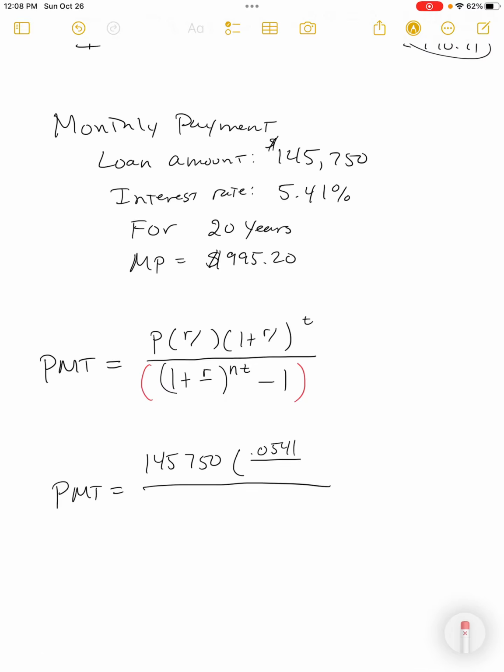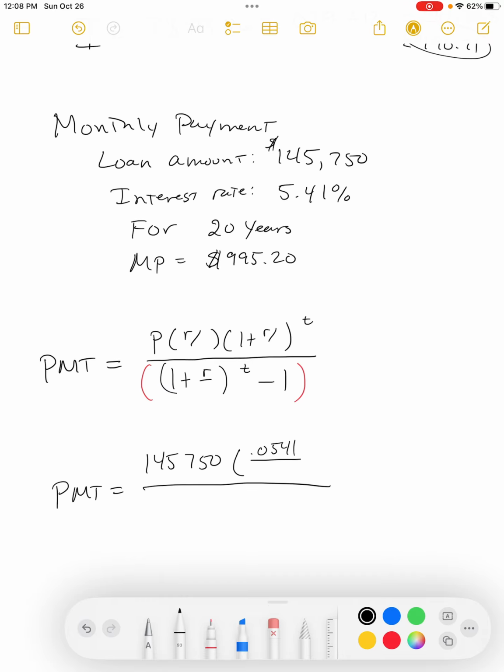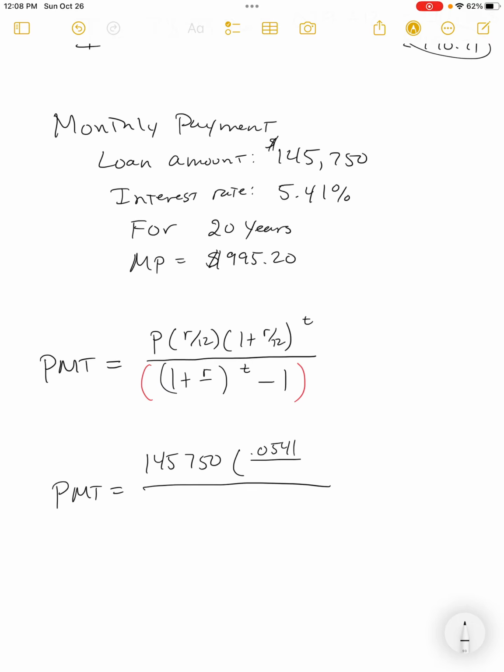N's always the same for us. When I wrote down the formula, I wrote down the general one. N is always 12. These are monthly payments in everything we do. So these should all be 12s in there. All divided by 12 times 1 plus 0.0541 divided by 12 to the 12 times 20.